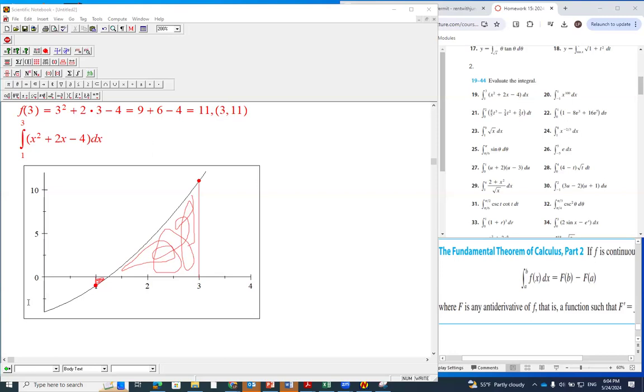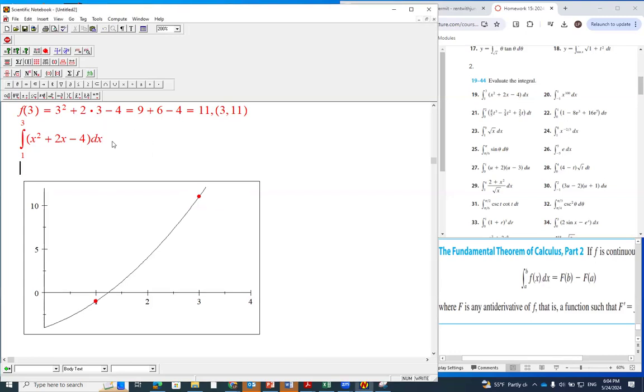According to Fundamental Theorem of Calculus, part 2, which is right here, we're going to follow this theorem to identify our area. This is how we do it. When you actually work on these questions on your homework, you don't have to draw this graph, but you need to understand what it means.